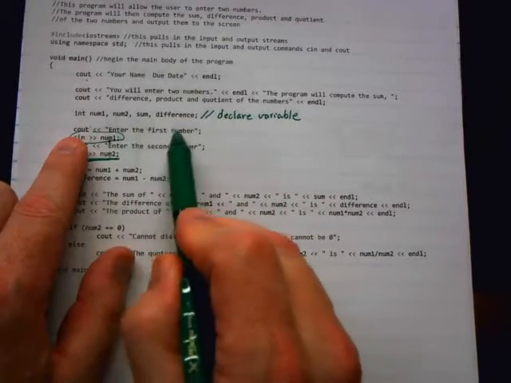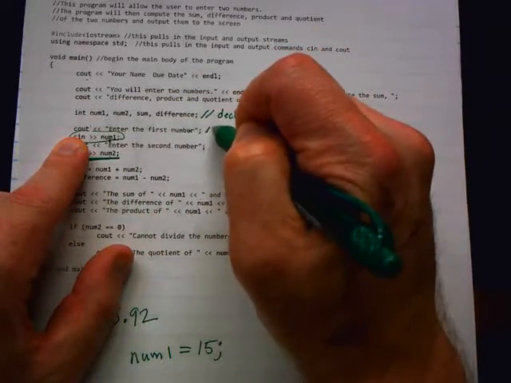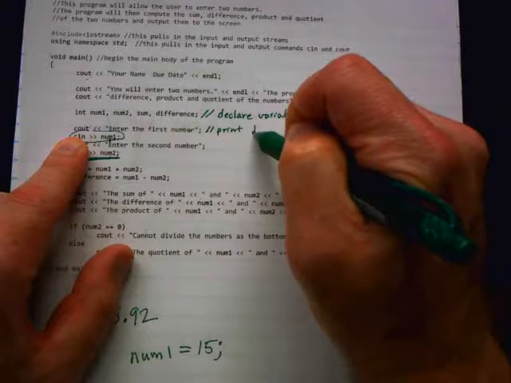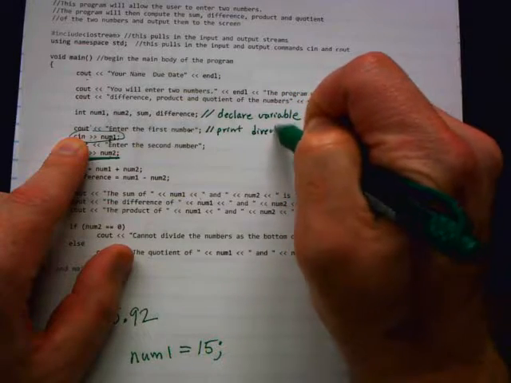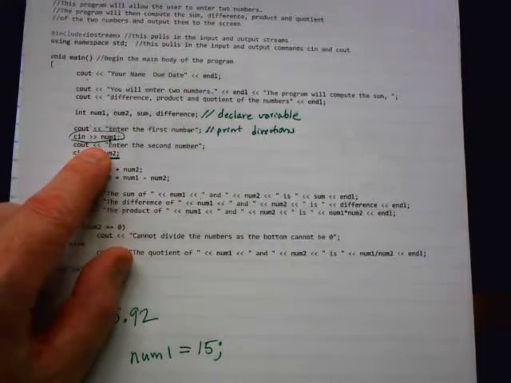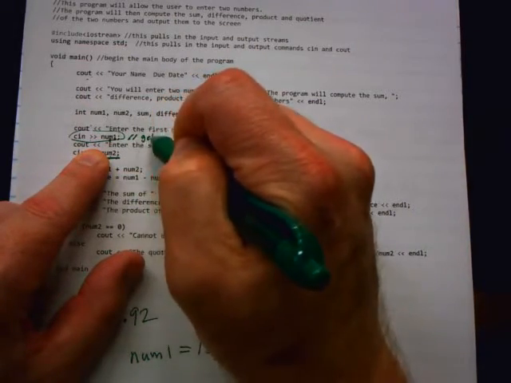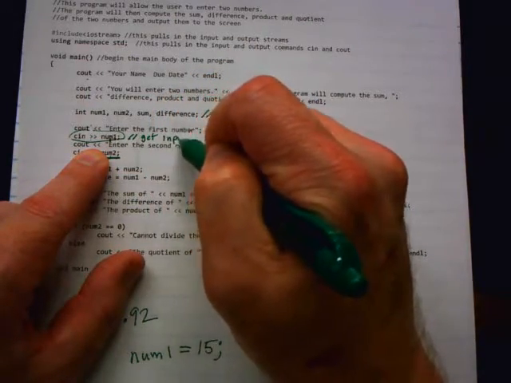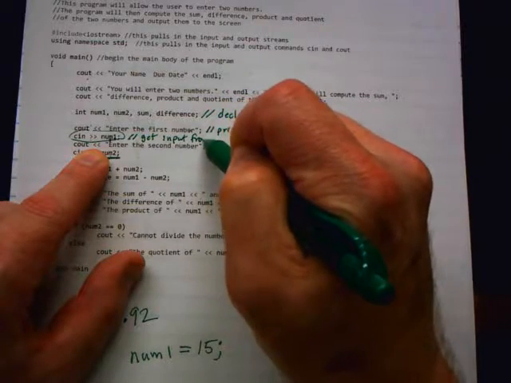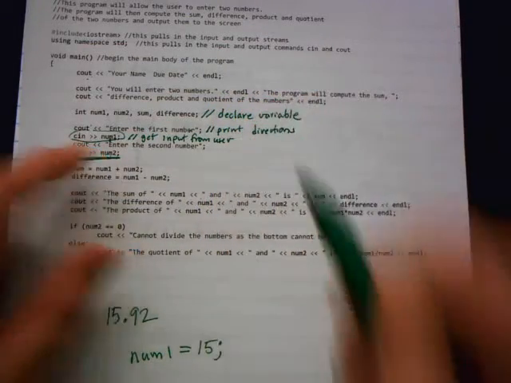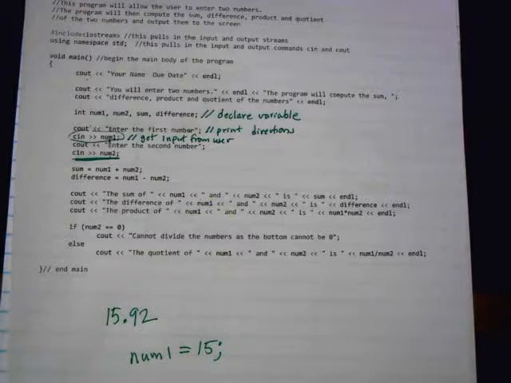Again, this cout, this is print directions. Where this cin is get data from user. Get input from user. So on and so forth.